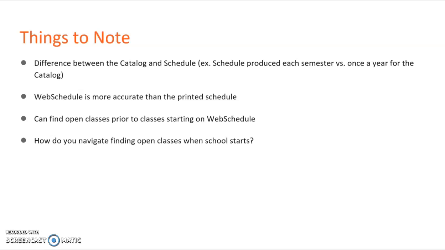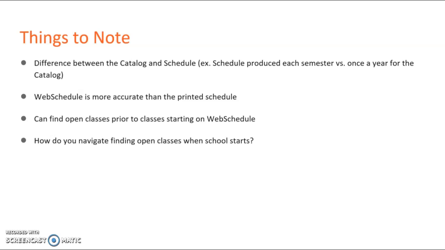Some other things to note, again, there is a difference between the schedule and the catalog. In my opinion, the schedule is a little bit more up to date because of web schedule and because it's produced each semester, right? Whereas the catalog is only produced once a year with an addendum. Web schedule is much more accurate than the printed schedule. Again, once you print something, it automatically goes out of date.